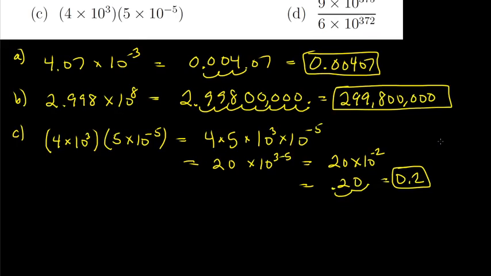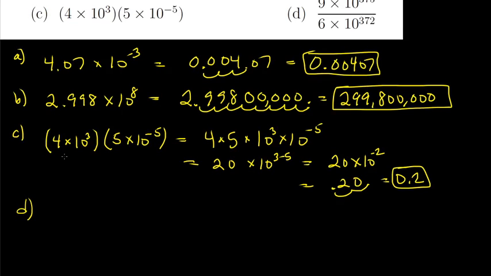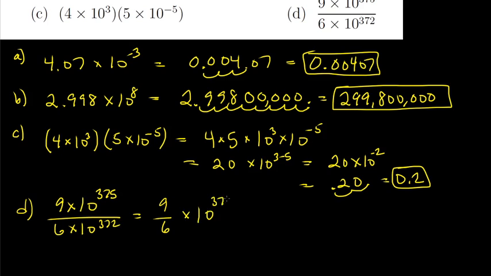And finally, part D, we have, I forgot. So 9 times 10 to the 375 divided by 6 times 10 to the 372. Right. And these are really big numbers, but when you divide them, you get 9 over 6 times 10 to the 375 minus 372. Right.